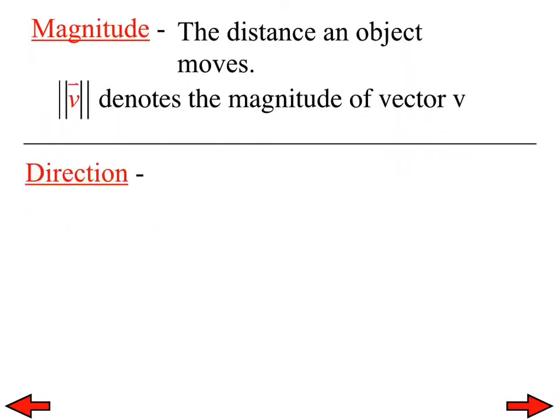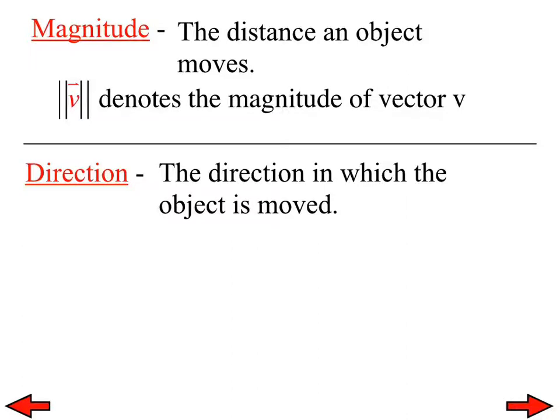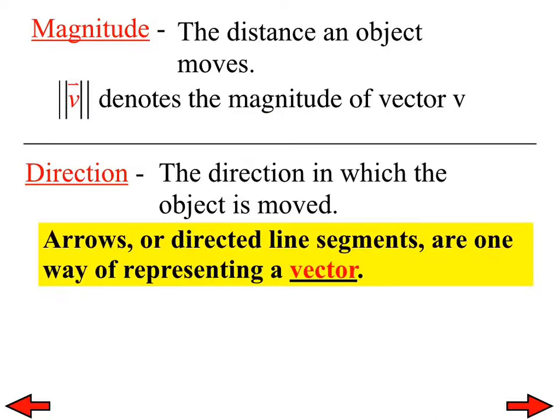All right, moving on. By direction, we're talking about the direction in which the object is moved. And we started today's lesson by me showing you a translation of a triangle. And we could describe the direction that it actually moved, which we had done when we did translations originally.